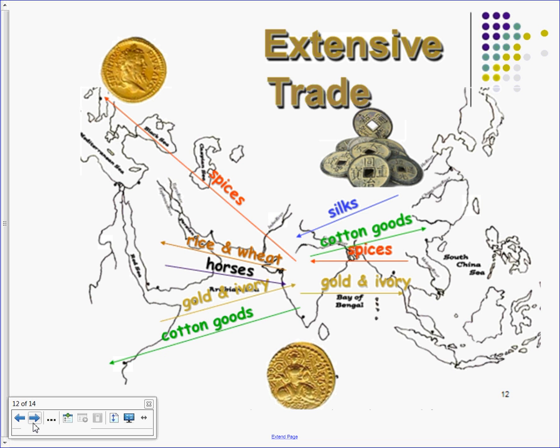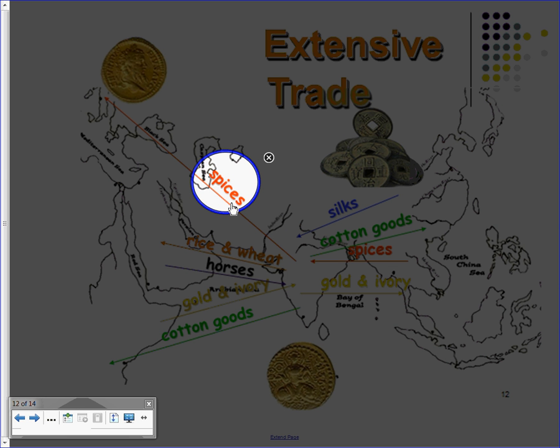So, what was being traded? Well, first of all, spices, right? Spices like pepper. The Romans loved pepper. Other spices like cinnamon, cardamom, nutmeg, all kinds of stuff. Also, you had rice and wheat being traded out of India and into the Arabian Peninsula.